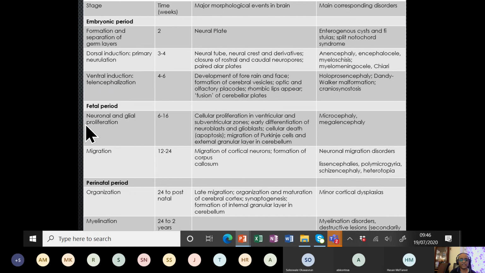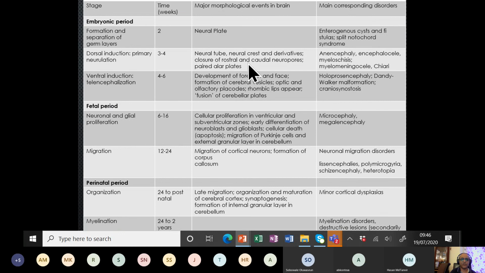We have seen the fetal period where there is neuronal and glial proliferation, which occurs around the central canal, and then they start migrating. And we have seen, as a background to all of this, how the various morphogenetic processes influence and pattern the developing embryo.